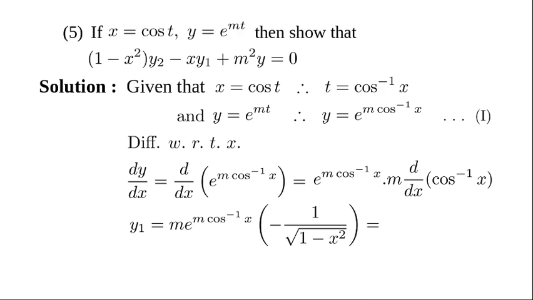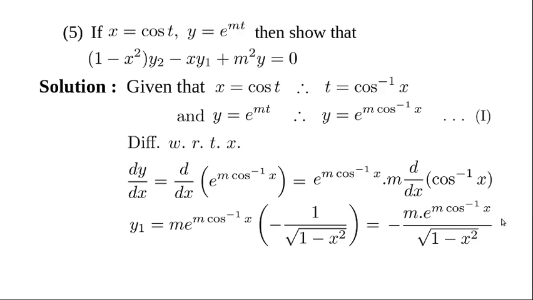Now we replace dy/dx as y1. And here this is the derivative of cos inverse of x. This m comes here. Therefore y1 equals minus m e raised to m cos inverse of x upon root of 1 minus x square. So this part, e raised to m cos inverse of x, is nothing but y.